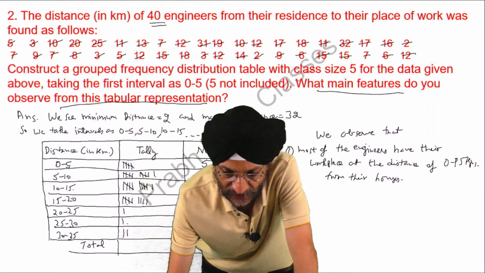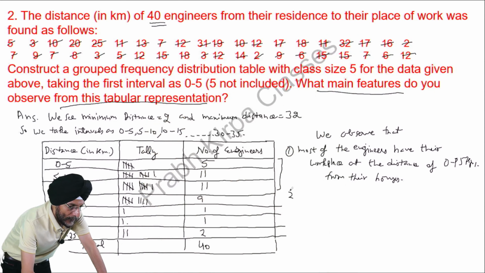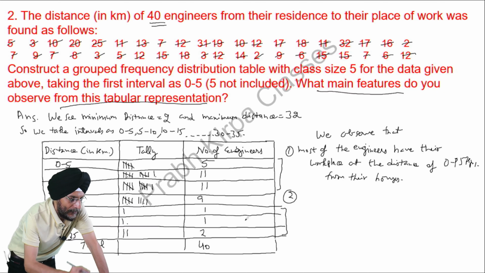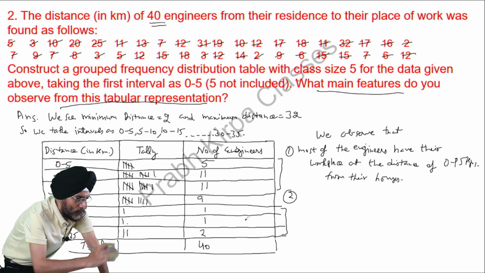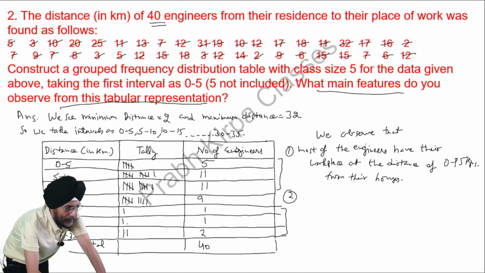We also find that these are the minimum figures: 1, 1, 2. That is, there are very few engineers who have to travel a distance between 20 to 35.